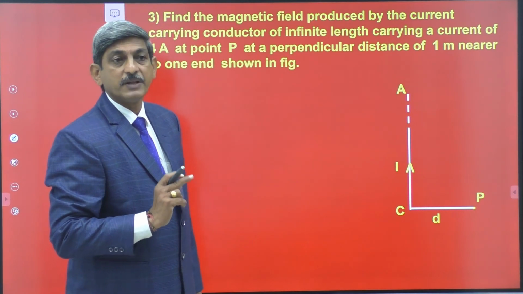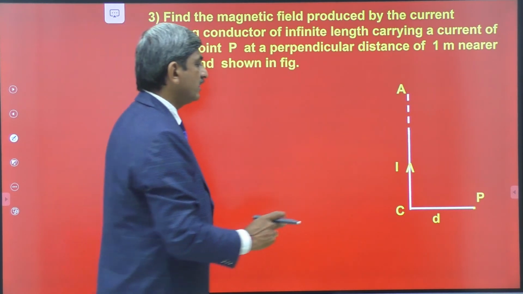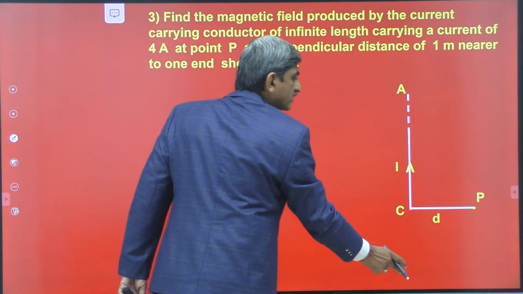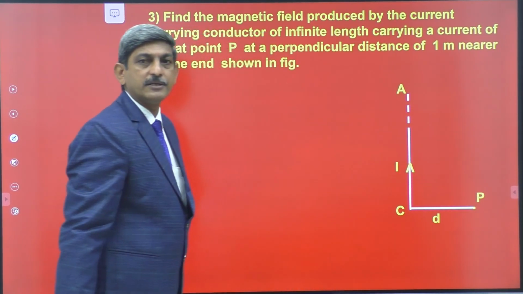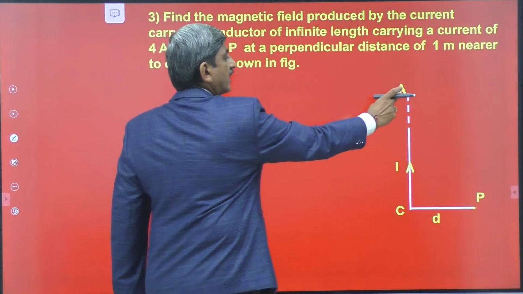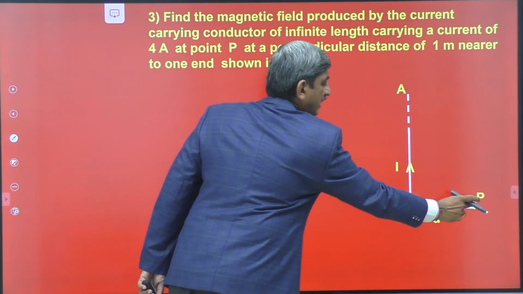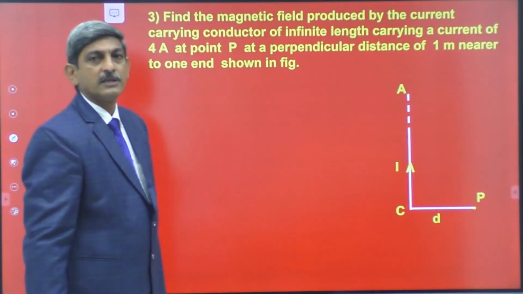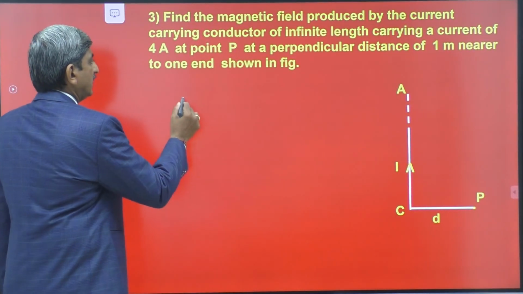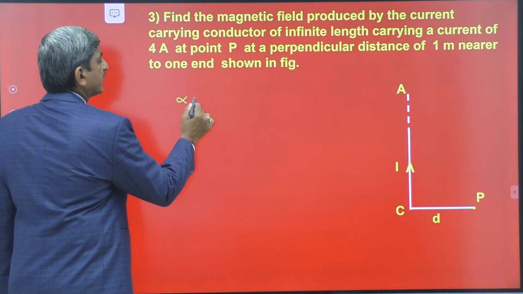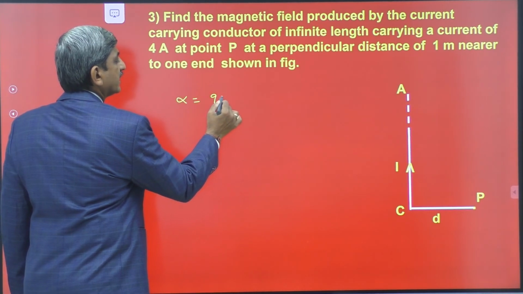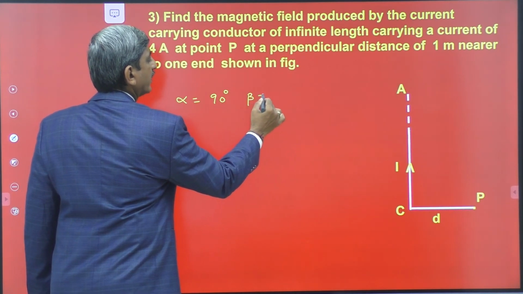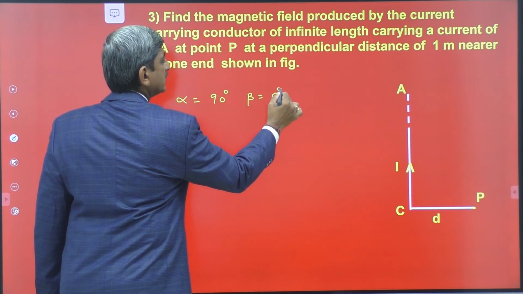See the difference between the previous one and this one. In the previous one, the top end is at infinite distance and the bottom end is also at infinite distance from the point P, whereas here the top end is at infinite distance and the bottom end is at a perpendicular distance D from the point P. In this case, the elevated angle of the top end alpha is equal to 90 degrees, whereas the elevated angle of the lower end beta is equal to 0 degrees.